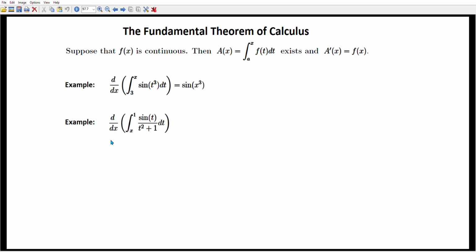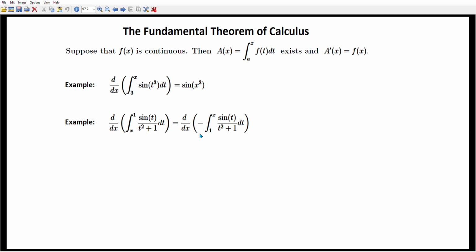Another example, let's take the derivative of the integral from x to 1 of sine t over t squared plus 1. Now the problem here is our theorem says the integral from a to x, and this is the integral from x to 1, which is playing the role of a. So the theorem doesn't quite apply as written, but we know something about flipping limits.